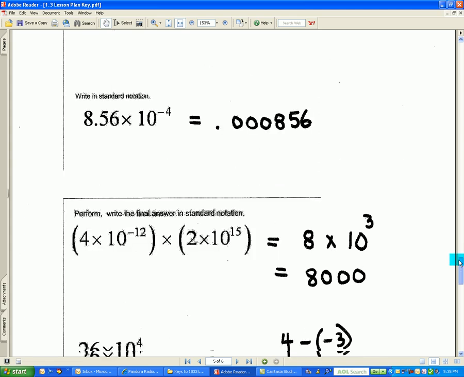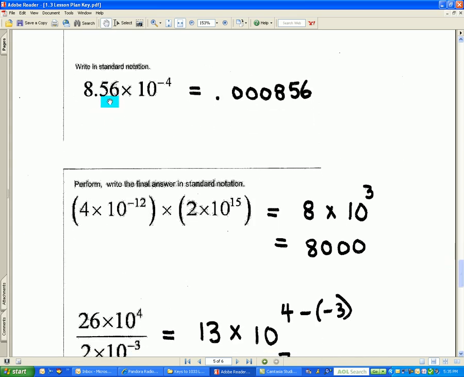Okay, on the next one, we have 8.56 times 10 to the negative 4th. Now, the directions say write the answer in standard notation. 8.56 times 10 to the negative 4th is already in scientific notation. We're trying to write it how it would be without being in scientific notation. That's called standard notation.